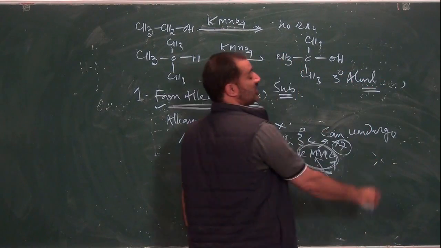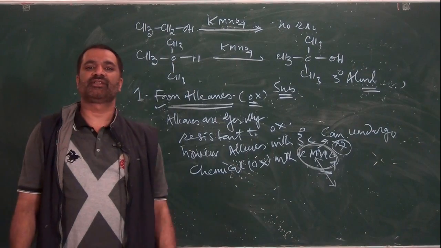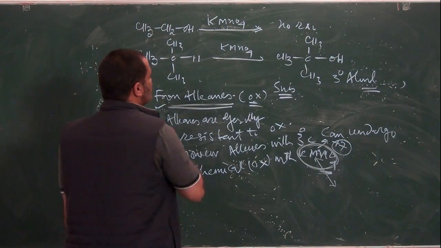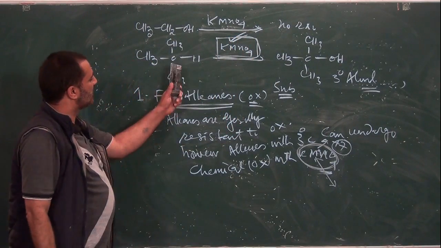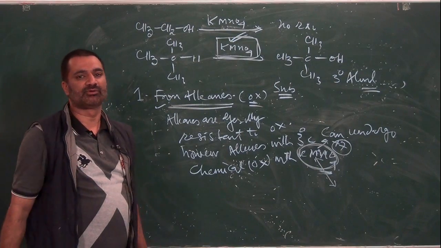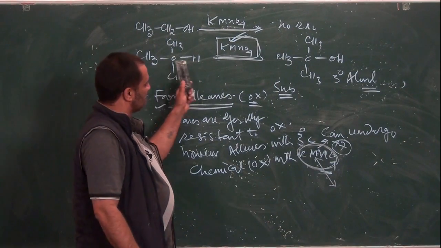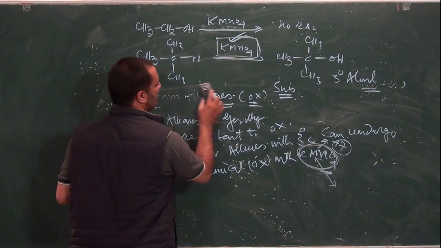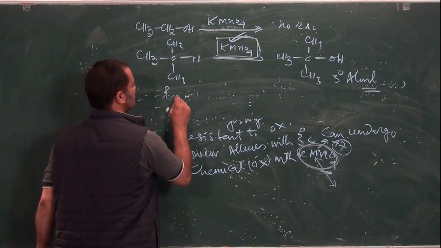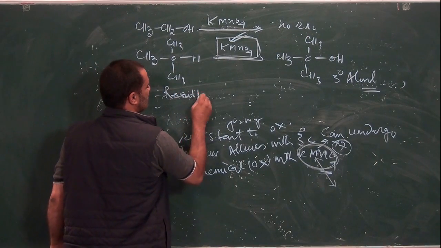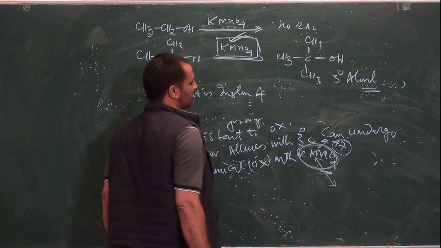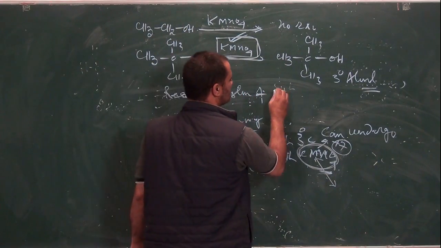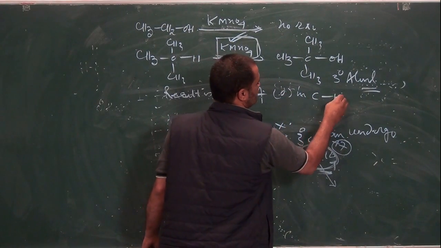Only tertiary alcohols can be prepared by this oxidation method when we are using KMnO4 as the oxidizing agent. It can oxidize only alkanes having a tertiary carbon to alcohols, and the net result is insertion of oxygen in the CH bond.